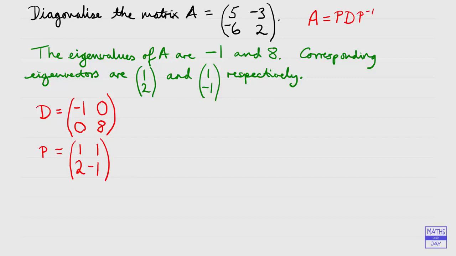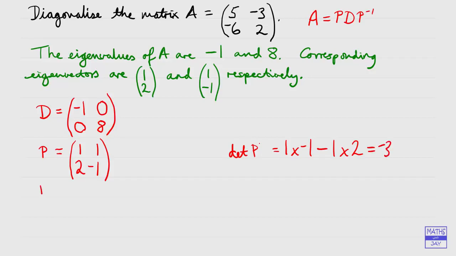And then to write down the inverse of P, we need to write down the determinant. So there we're going to be multiplying the elements on the main diagonal, 1 times -1, and then take away the product of the other two. So -1 take away 2 is going to be -3.